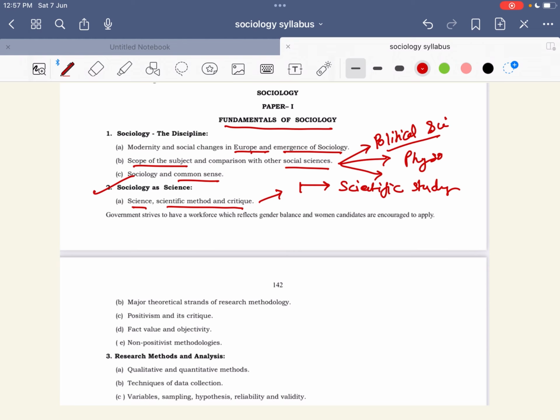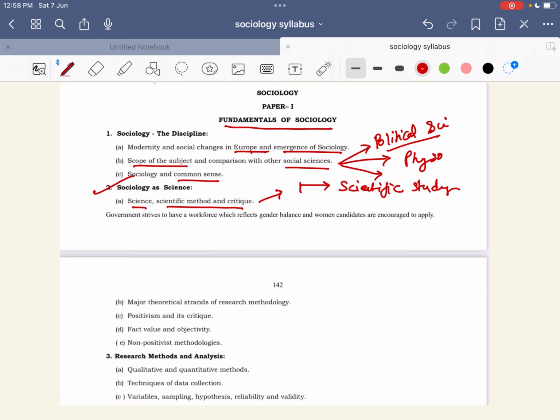So what they try in this scientific method, they are of this view that sociology should also contain some scientific methods, and on the basis of these methods we should study society, and through these scientific methods they establish facts.